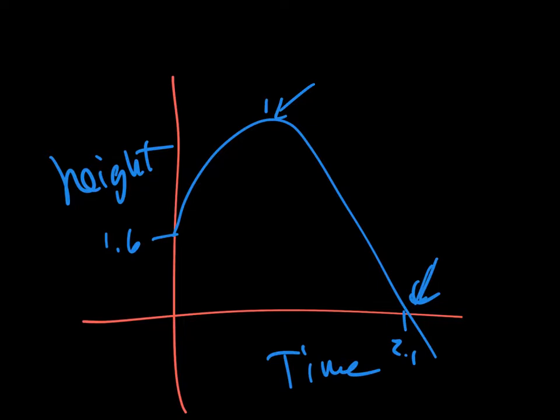Okay. So how about this? Who thinks they know the formula for when the ball hit the ground? And how about if I said this? Isn't that the root? Isn't that the x-intercept? Isn't that the 0? There's 4 names for that spot.